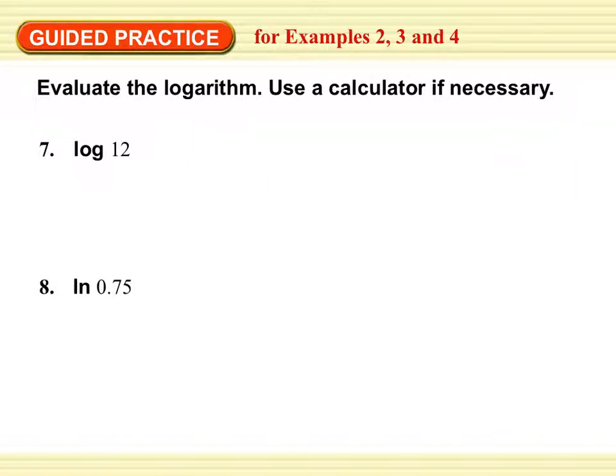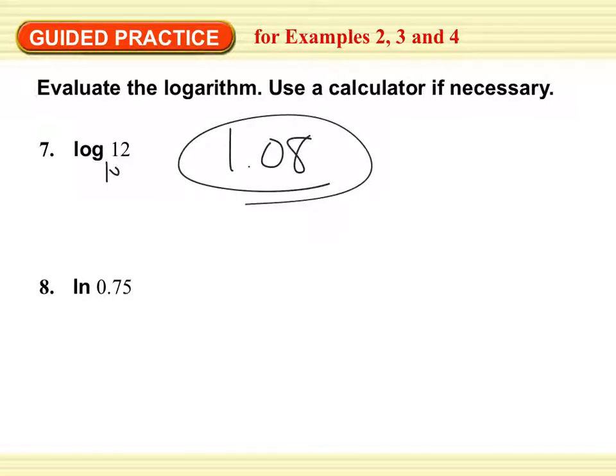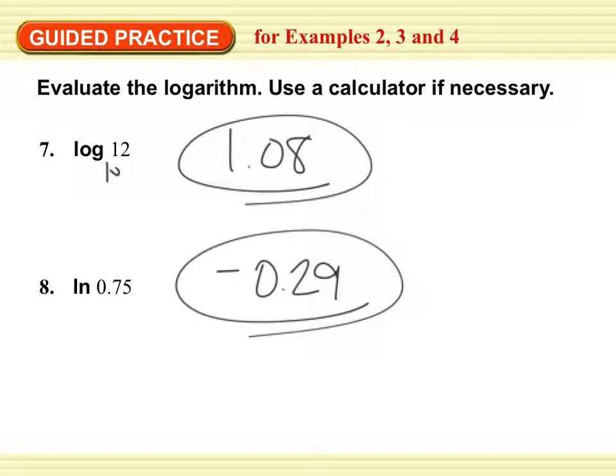1/3. Okay, here I have base 10, so I can just plug it into my calculator. Log 12 is 1.08. And then natural log, so ln 0.75 is -0.29.